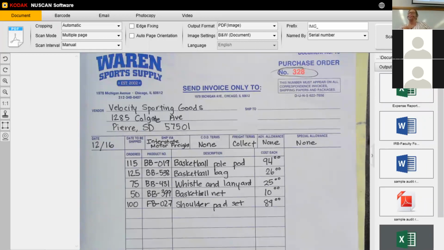So do we need to fill in the ship to section? Yeah, do that. I didn't because I was trying to talk and demonstrate at the same time, but on yours you should. Why would you fill in the ship to box with the address, even though it's printed on the logo? For clarification?